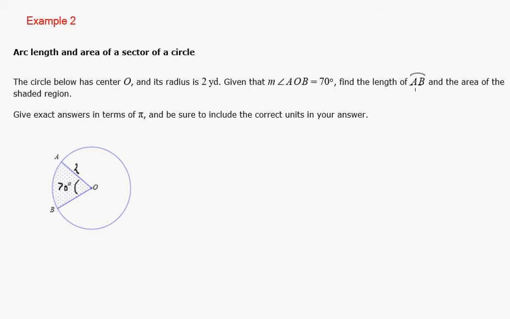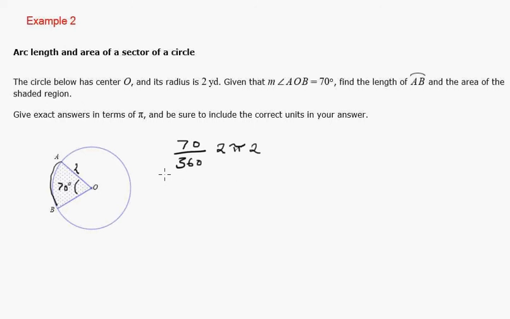We want to find the arc length from A to B. How far is that? That's going to be 70 out of 360 of the circumference 2 pi r. And r is 4. No, r is 2. My bad. So I'm just going to put the 2 in right there.